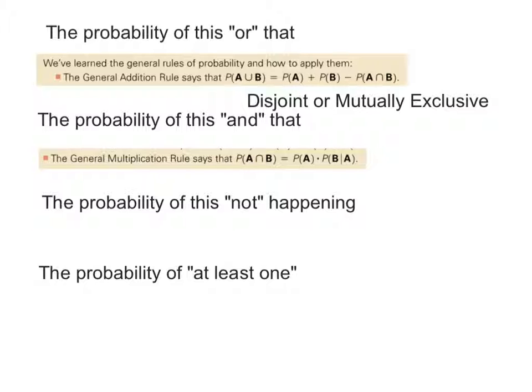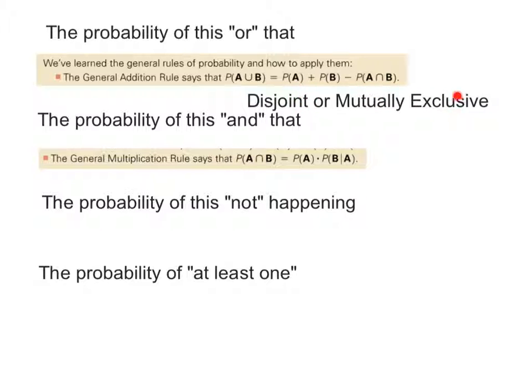So if two events are independent of each other, that means one doesn't affect the other. All you've got to do is add the two probabilities. Now, if it so happens that they both can't happen at the same time, they're disjoint. This book also uses the word mutually exclusive.